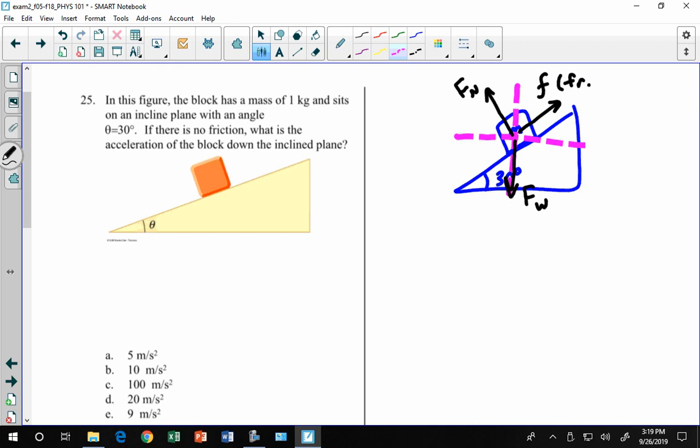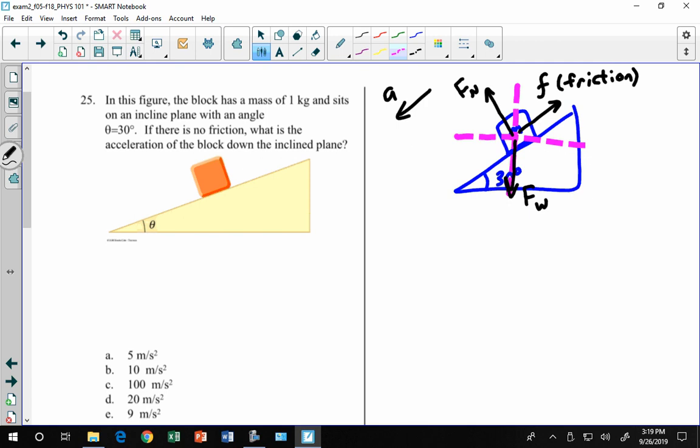I'm going to put it in parentheses because we haven't seen this friction. Probably Monday we'll get to that. And then, not only that, but this object is going to be accelerating down in this direction. So I want you to notice that we have one force that's on the y-axis here, two forces that aren't on the y-axis, aren't on any axis at all, and then I also have an acceleration that is going along this line.